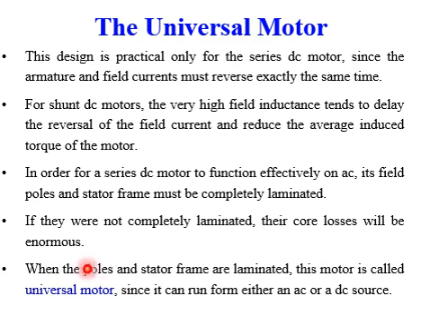When the poles and stator frame are laminated, this motor is called a universal motor, since it can run from either an AC or a DC source, as we discussed earlier. That's why this motor is called a universal motor.